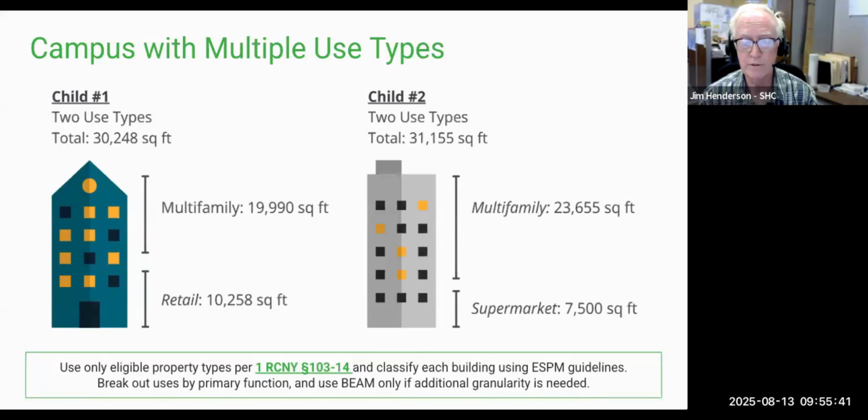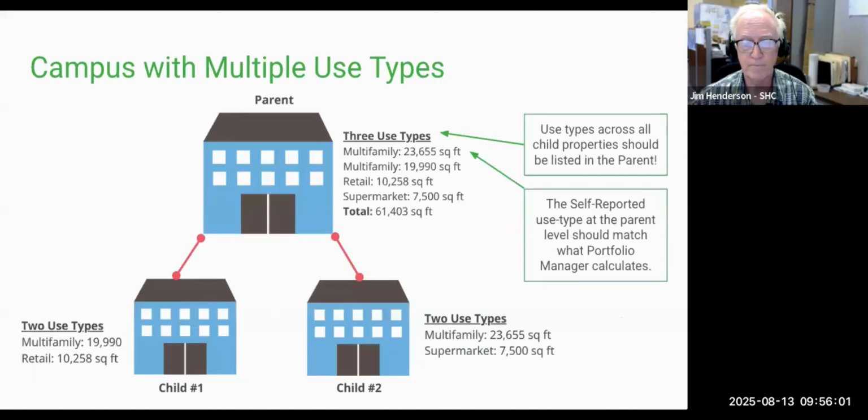So to set up your buildings in Portfolio Manager for these and any other building that you would set up, you would select one of the 60 Portfolio Manager use types that are accepted by the Department of Buildings. And if you're wondering what the 60 are, we'll include a list this afternoon in our email. When you set up your campus, you have two important rules to remember.